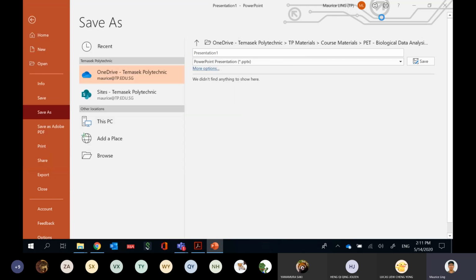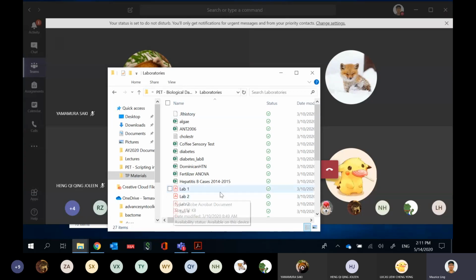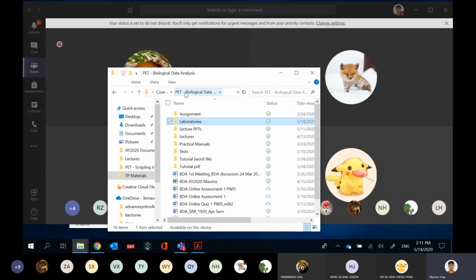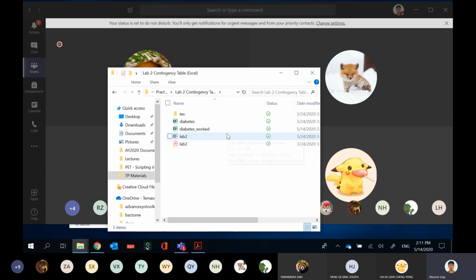Let me save this part. So we are doing contingency tables here. So this is the worked examples.